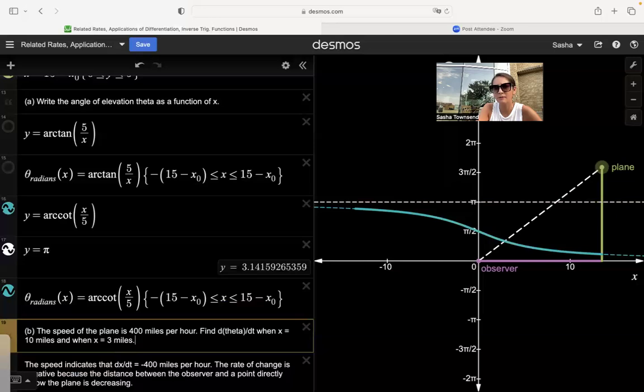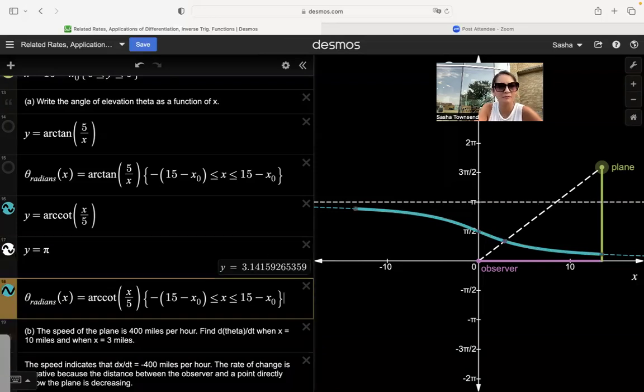Actually, the arccotangent, we probably want the whole graph, don't we? No, we're interested in it on a finite interval. That's right. From negative x to x, essentially. I think. Maybe I'm wrong about that. But we've got our arccotangent of x over 5 right here.